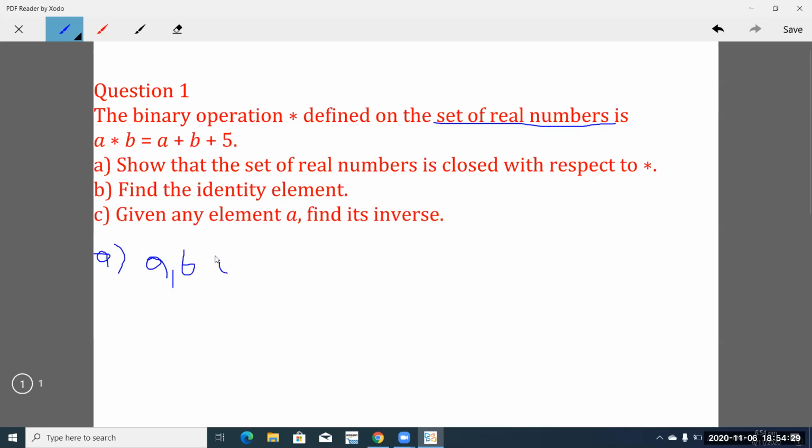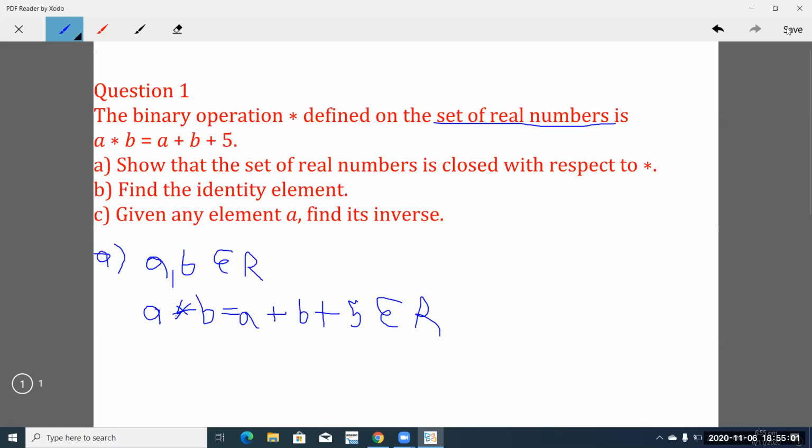And then we're going to say A star B is actually equal to A plus B plus 5, and all of this is going to be a real number.